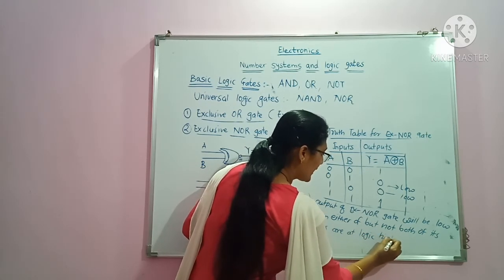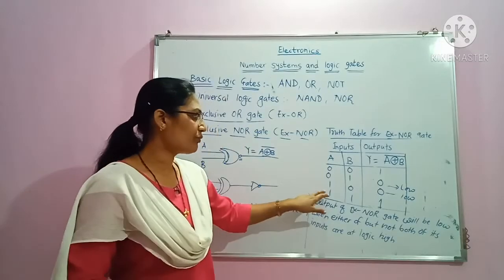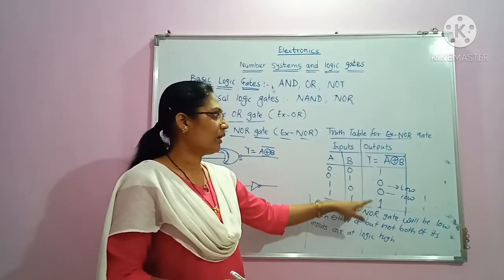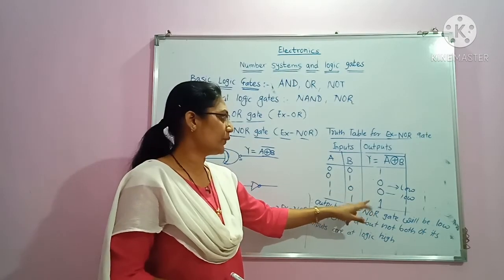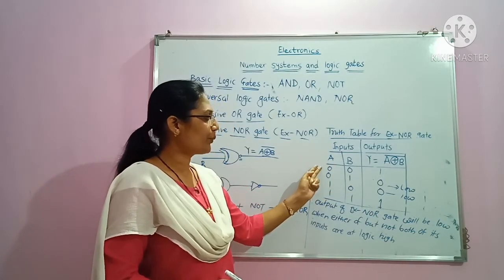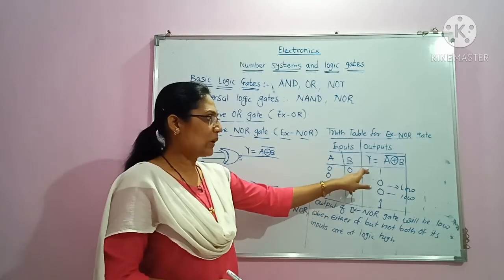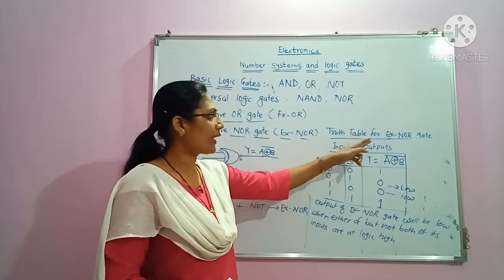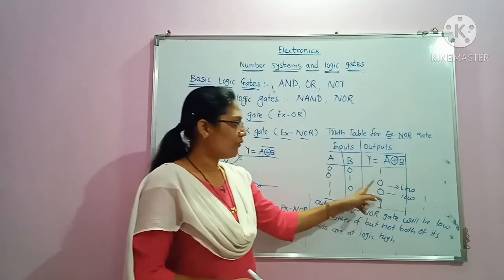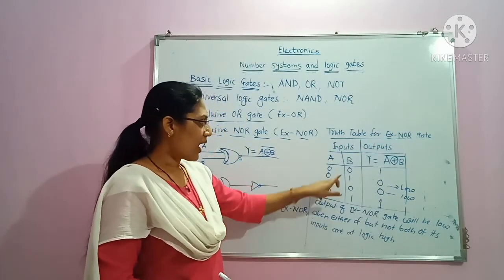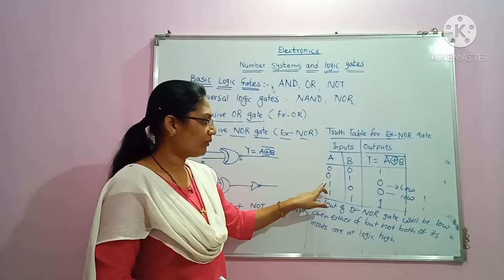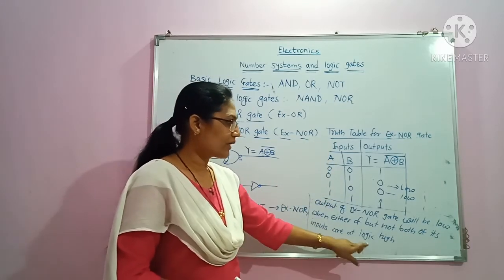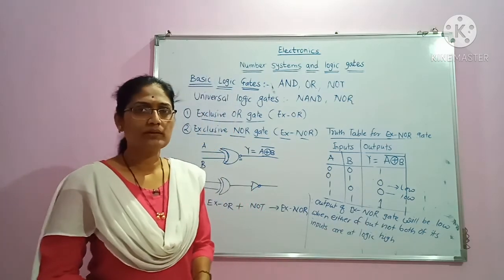It means that if both of its inputs are logic 1, then output will not be a 0. If both of its inputs are at 0, then output will not be a 0. So output of X NOR gate will be 0 if either of, but not both, of its inputs are at logic high or logic 0.